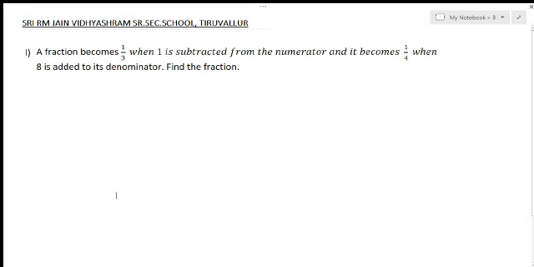A fraction becomes 1 by 3 when 1 is subtracted from the numerator, and it becomes 1 by 4 when 8 is added to the denominator. So first let us consider the fraction. Let the fraction be x by y.